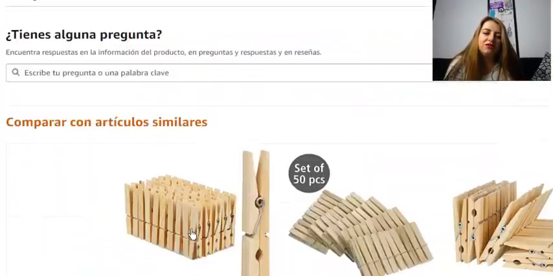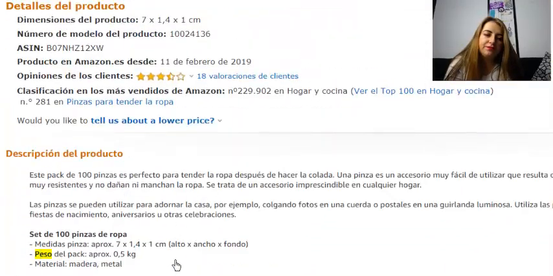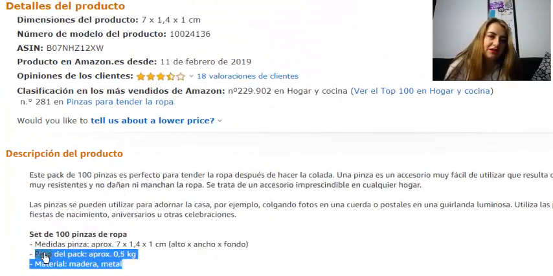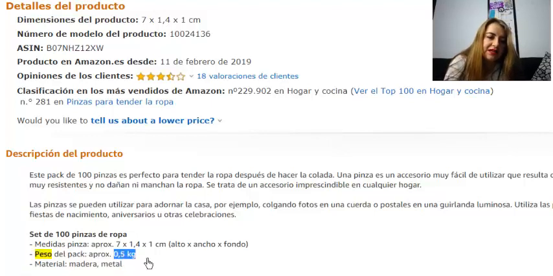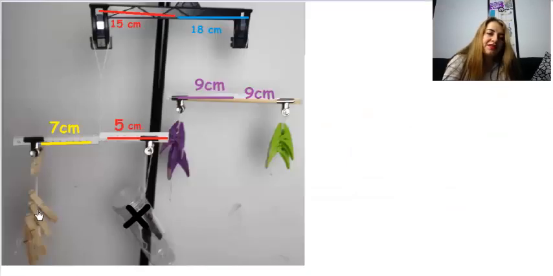If I go down, you can see that this is a pack that has 100 clips, and the measure is 0.5 kilograms. So that means that 100 of these are equal to 0.5 kilograms.